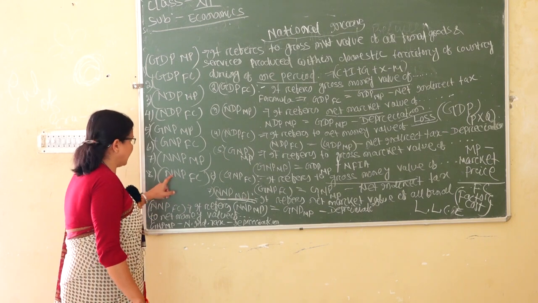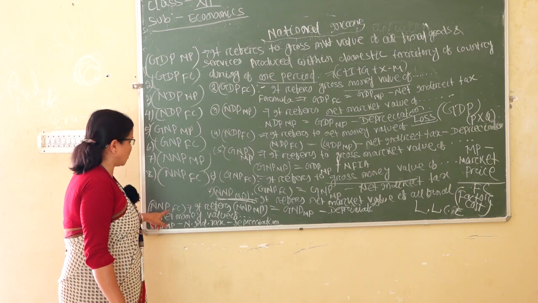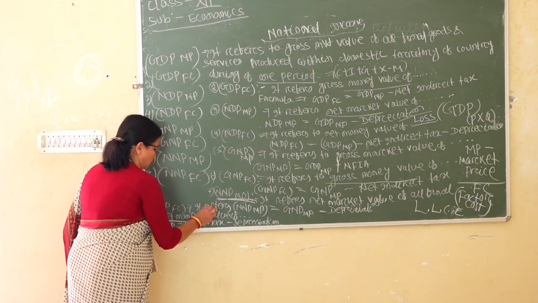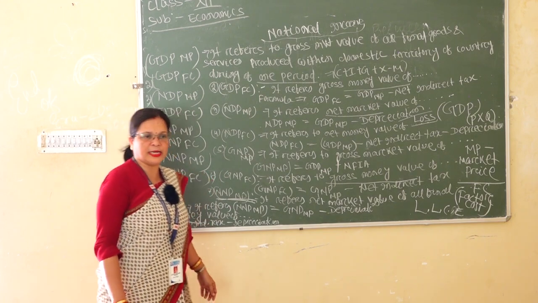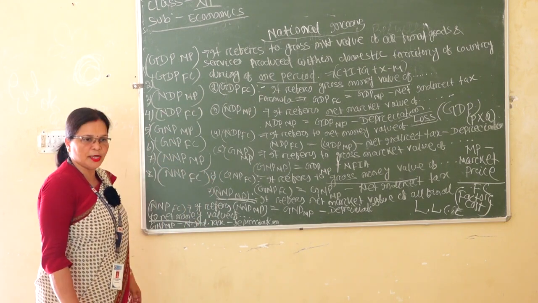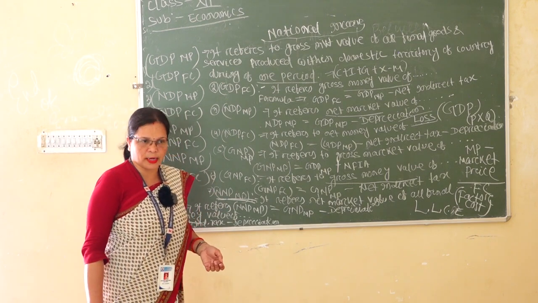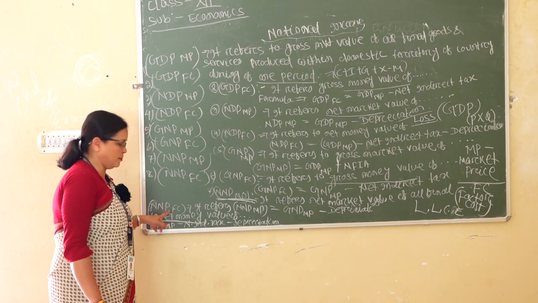And the last one is NNP FC, net national product at factor cost. What is net national product at factor cost? It refers to the net money value of all the final goods and services produced within the domestic territory of a country during a year. What is the formula of NNP FC?